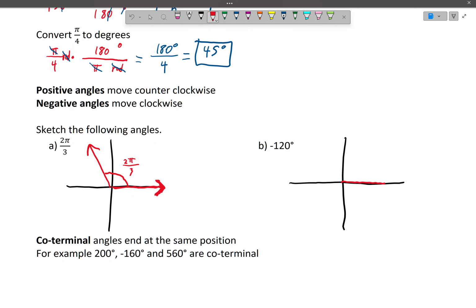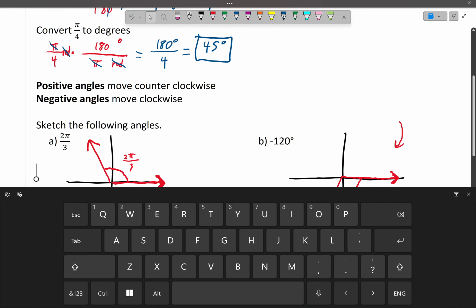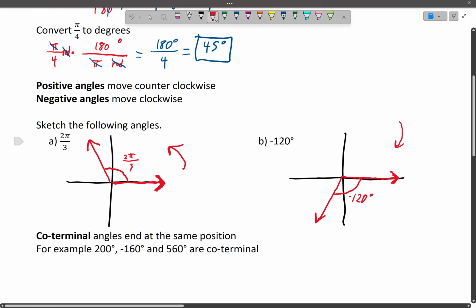If we're doing a negative angle, then instead of going counterclockwise, we're going to go clockwise, which ends up going to about to here, which is negative 120 degrees. So again, this moves this way around the circle, this moves this way around the circle.